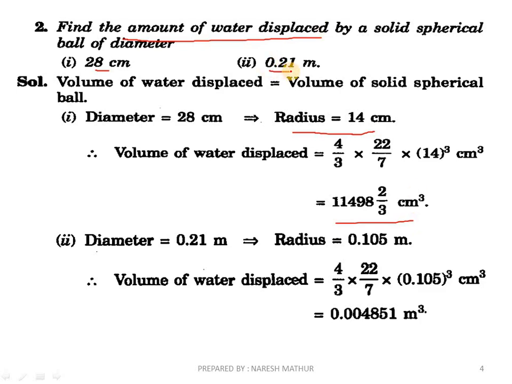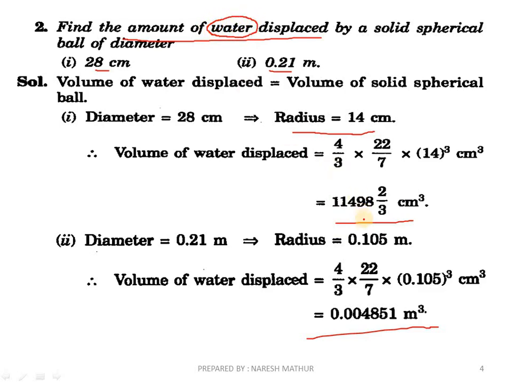Similarly in the next one we are given the diameter as 0.21 meter. So we can find the radius from the given diameter and simply apply the formula and get an answer. Now we have the volume in centimeter cube and meter cube, and if we want we can convert it into liters also, because we are talking about water, or any liquid.